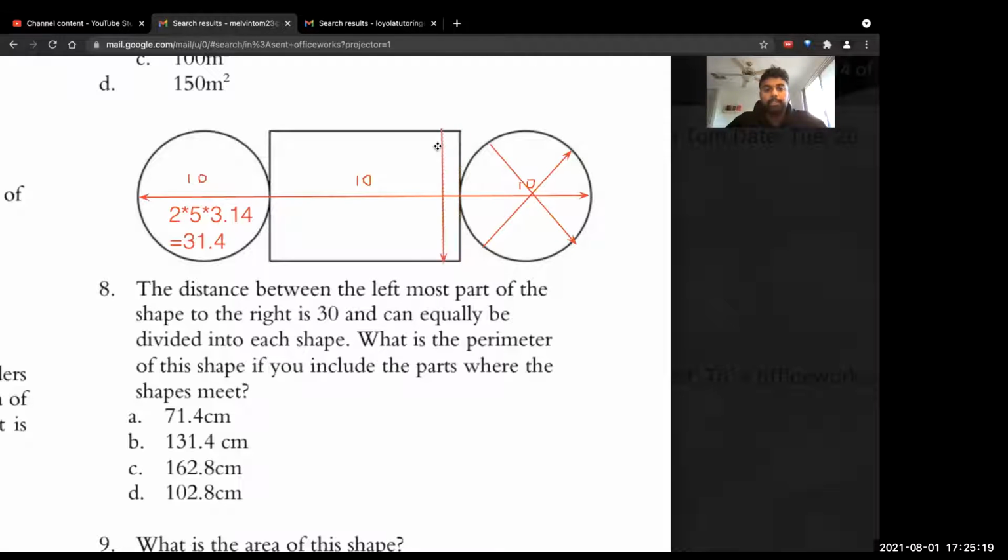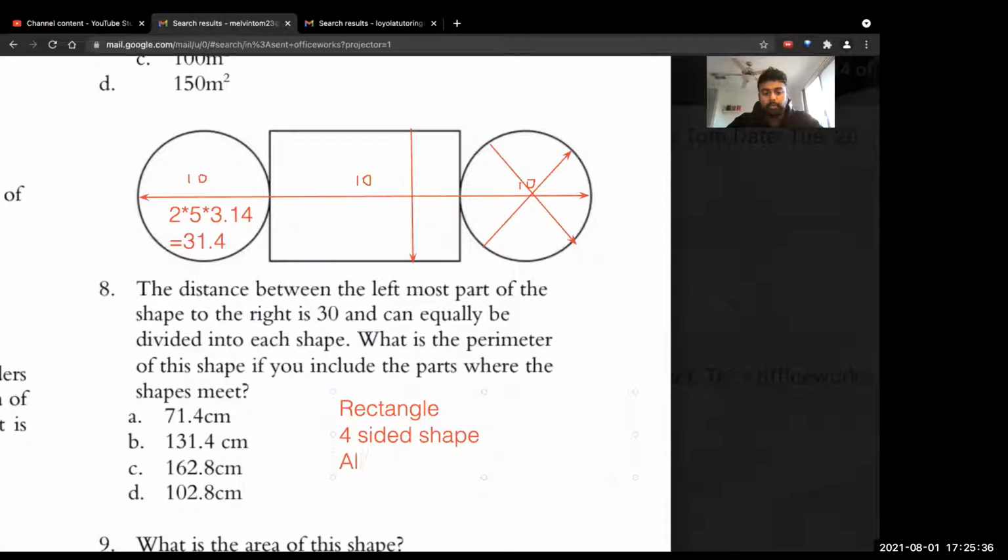Melvin, can you explain the definition of a square again? I'll write it down as well. A rectangle is a four-sided shape.